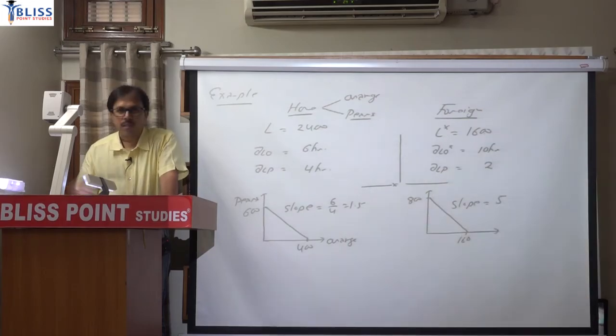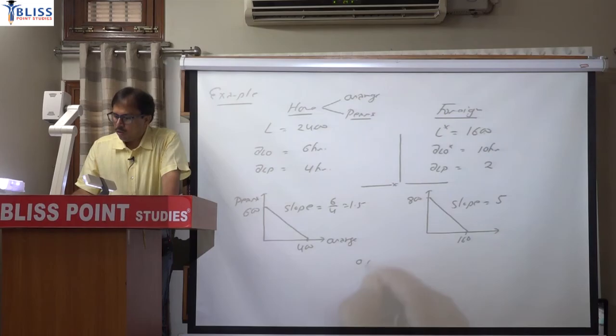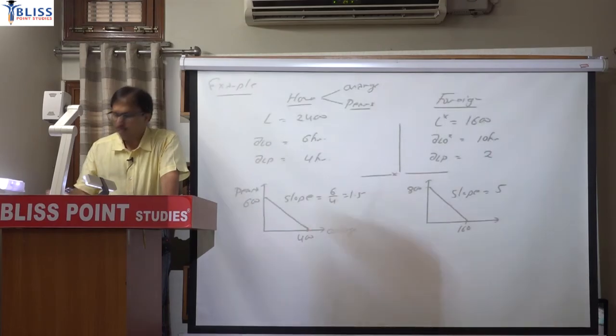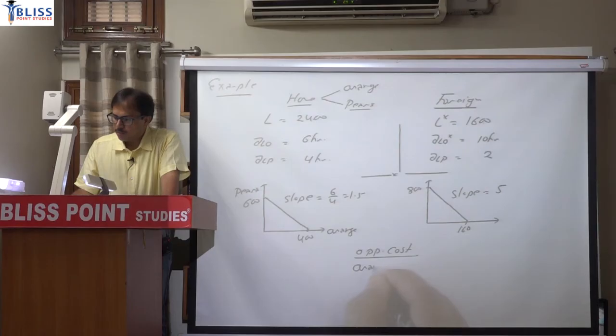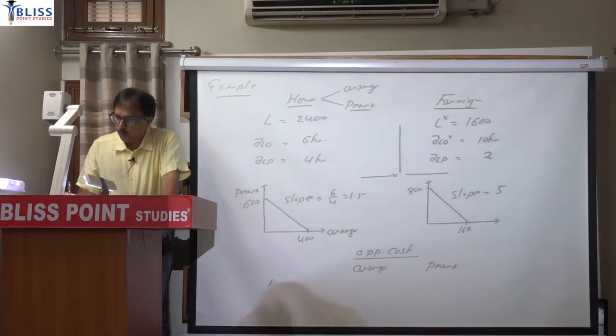Okay, so it is 10/2 in fact. Then you can always present it in tabular form. Just calculate opportunity cost. You have in fact calculated the opportunity cost. Opportunity cost of orange, opportunity cost of pears in the home country and then in the foreign country.